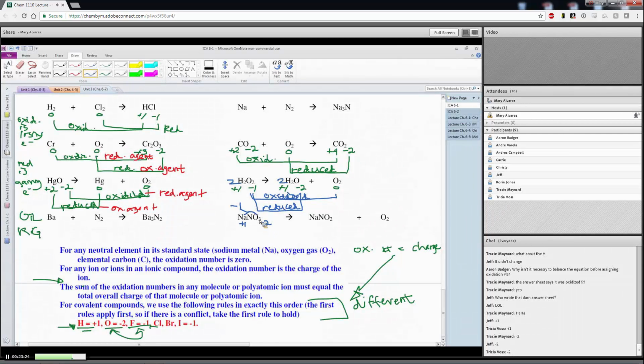All right, now let's say there are 3 oxygen atoms and they each have an oxidation number of -2, and that the overall polyatomic ion must contain a charge of -1, and we know that the sum of the oxidation numbers has to equal the charge. So whatever the oxidation number on nitrogen is, plus -6 has to equal -1. So the oxidation number on nitrogen must be +5. Does everybody follow how I did that? What I did there?